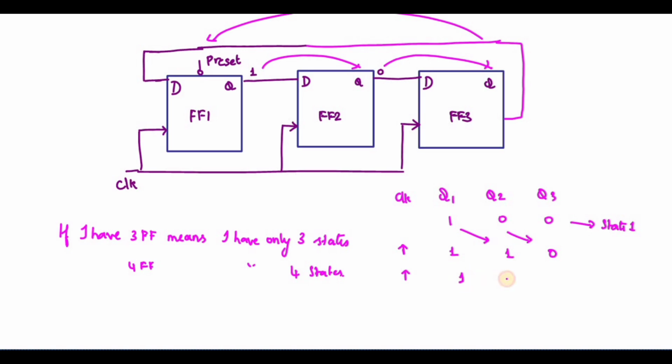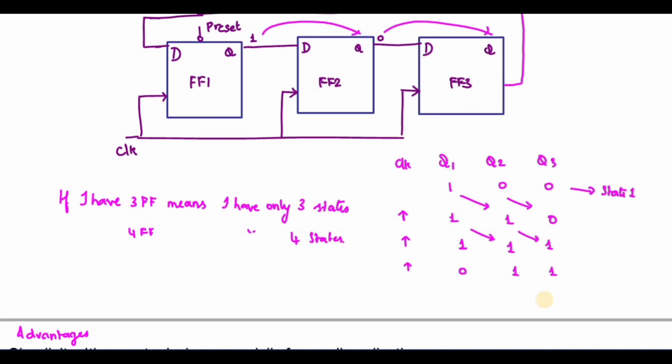Again I am getting 1 1 1 because this gets shifted and the inverted value is shifted here, right? Again if I apply the clock, the inverted value will come here, and I will get 1 1. Again if I give a clock, the inverted value will come here. So 0, 0, 1. Again, if I give a clock pulse, you get 1, 0, 0.